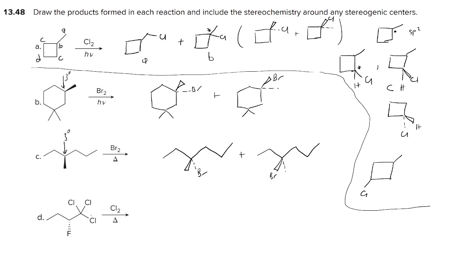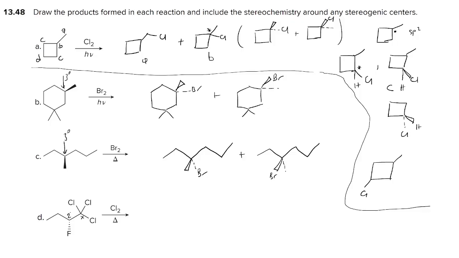Okay, let's move to the last option. The last option is radical chlorination, and we have to check again for stereogenic centers. Here we don't have any hydrogen, so there will be no chlorination at this position.